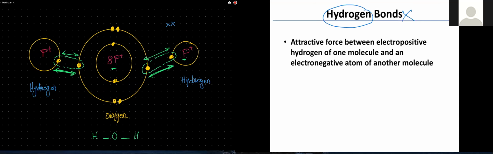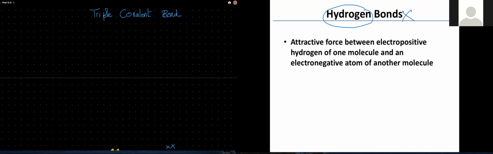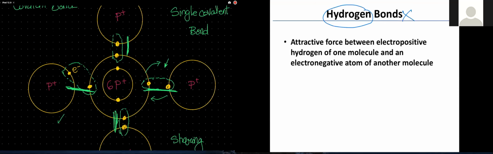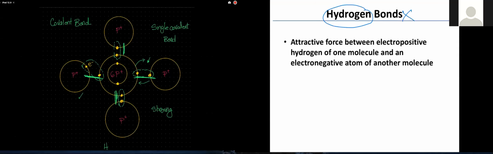All right, so again, how many pairs are you sharing here in this example between a carbon and this hydrogen?